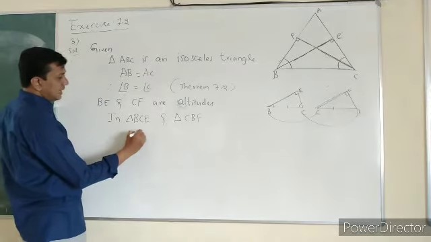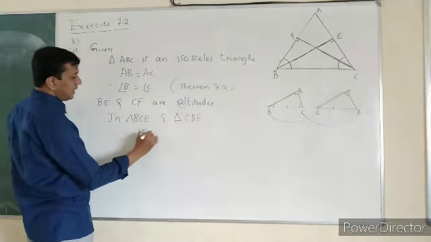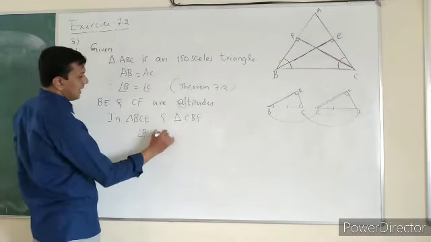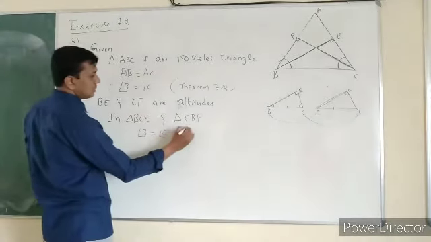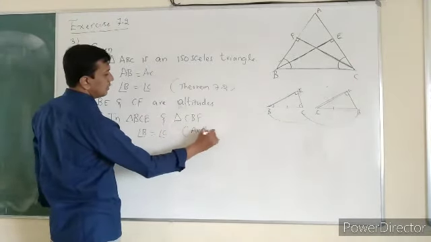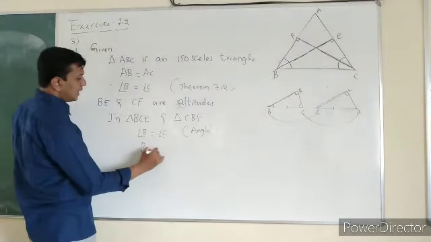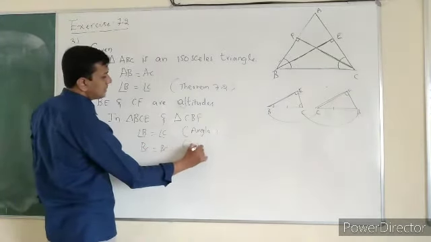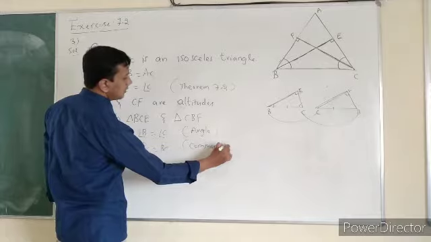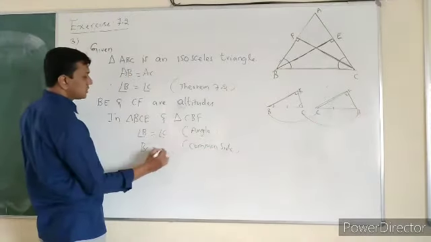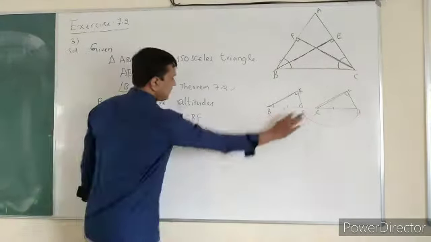So what you can say? Angle B will be equal to angle C, one angle, and BC is equal to BC. This is a common side. Or you can write BC is equal to CB also according to this diagram.